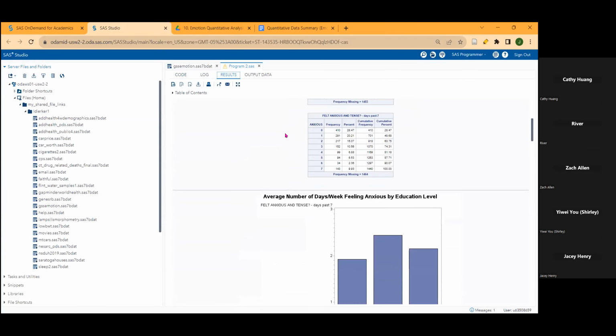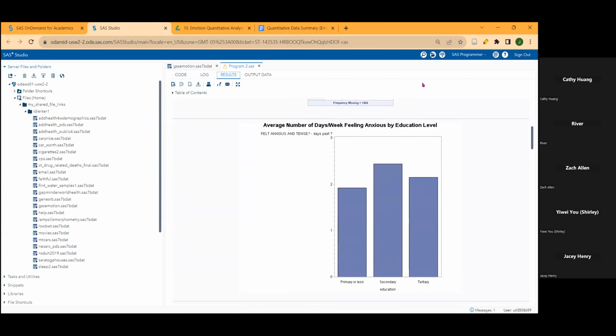Okay. So average number of days feeling anxious by education level. It looks like the most anxious people are the ones who have high school degrees, right? Average number of days anxious, the most anxious are the high school graduates, the secondary education.